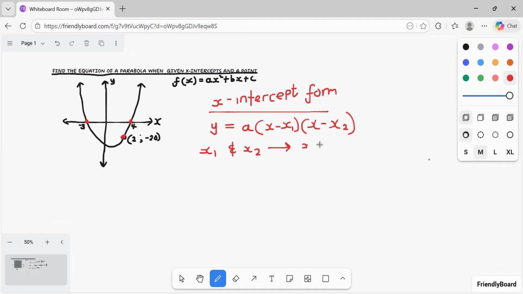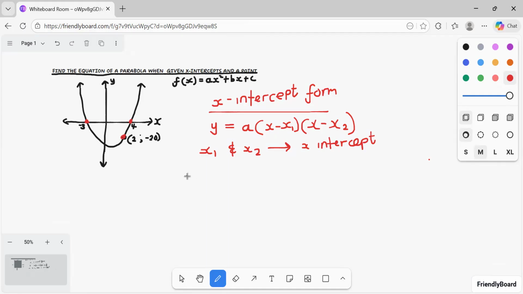Right, so now you understand what I mean when I say the x-intercept form. That's the form that we are going to use here to determine the equation of this parabola. Why am I using this form? Because I have been given two x-intercepts and one point. All right, so now let's apply it.